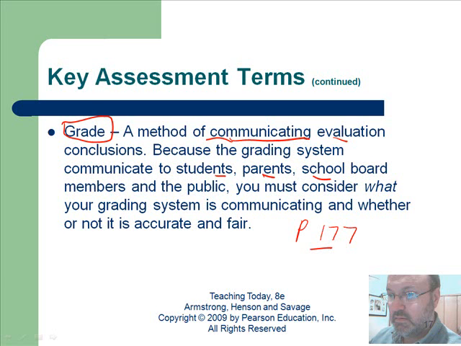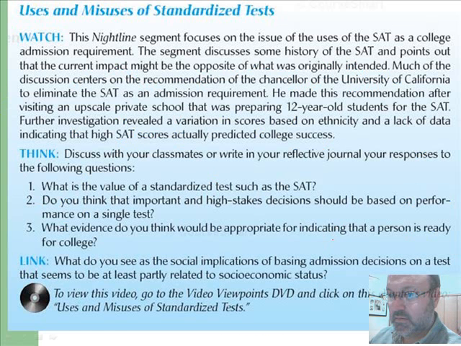I can't give you it all here, but it's an important part, and there's questions on the test about grading. And this is the video on standardized tests, and I'm going to have this on there for you.